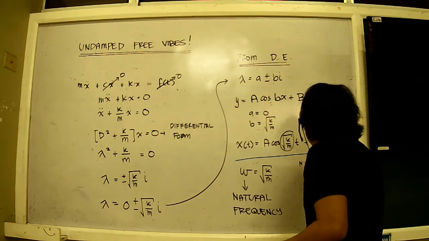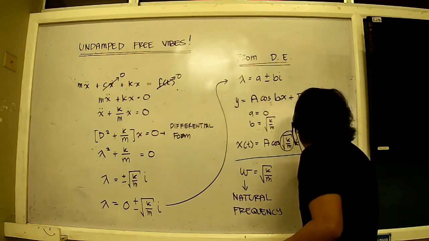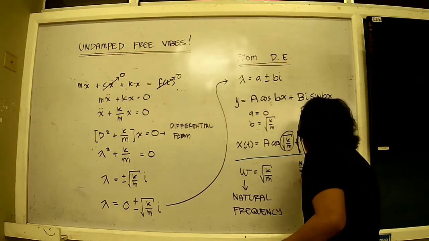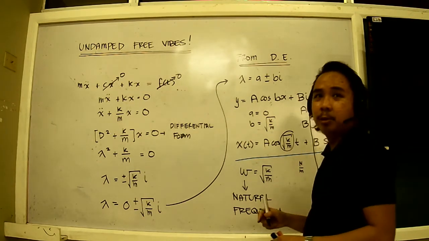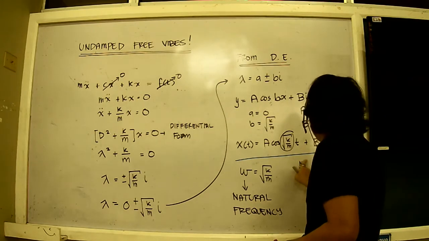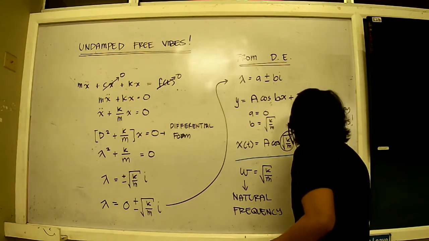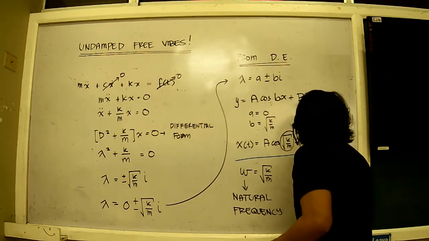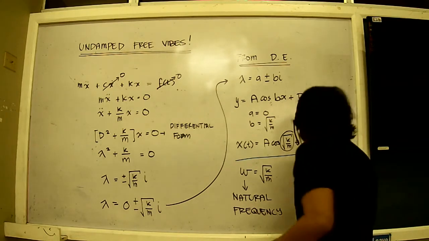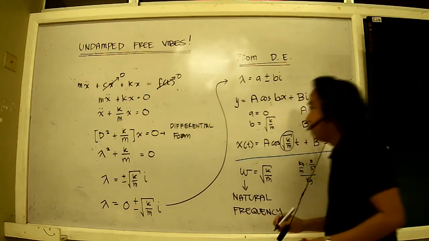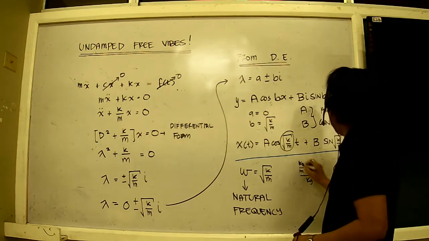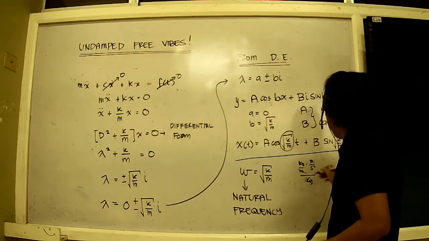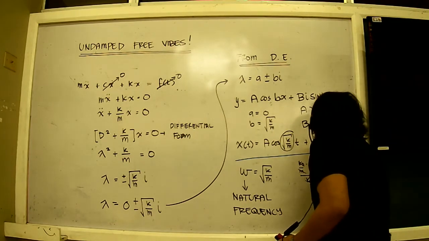Newton times Newton over meter. Now, Newton is actually equal to mass times acceleration. So this is equal to kilograms multiplied by meters per second squared. When you talk about mass, that is kilograms, so this cancels out, leaving us with just 1 over seconds squared.